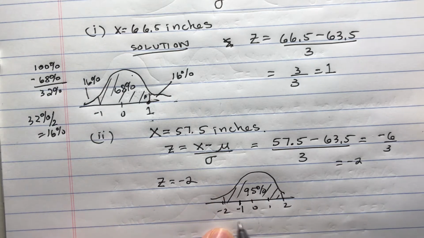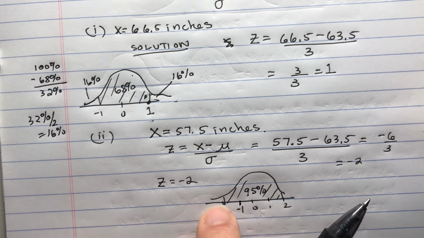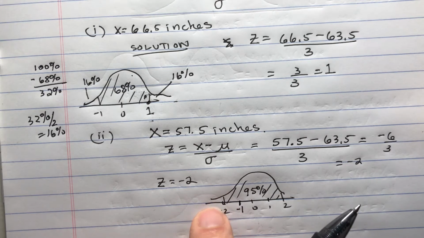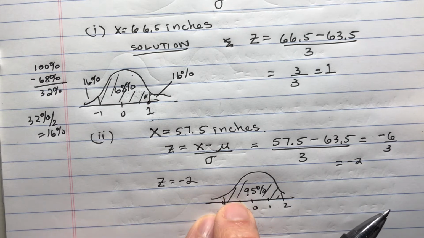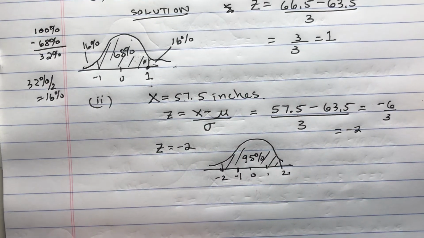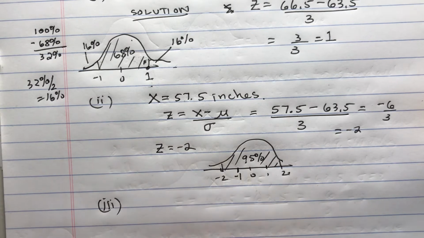They're on the edge of this 95%. So 95%, what's left over is 5%, divided in half gives 2.5%. So they are taller than 2.5% of the population, but they're not as tall as 95 plus 2.5, which is 97.5.